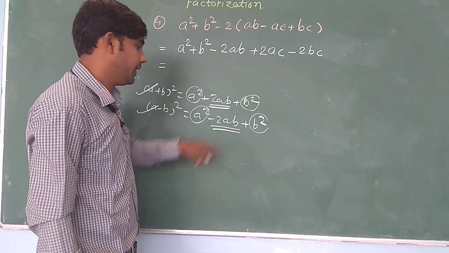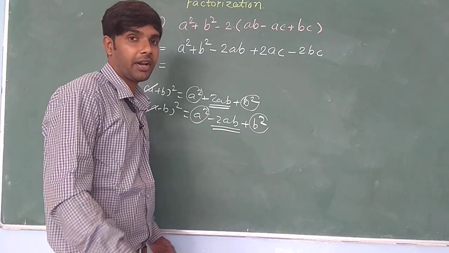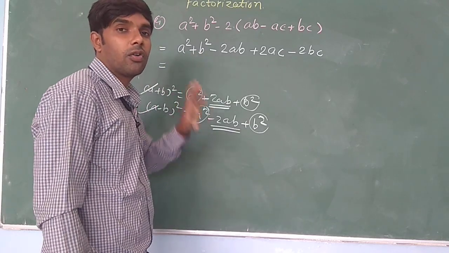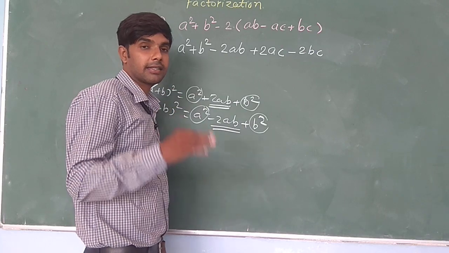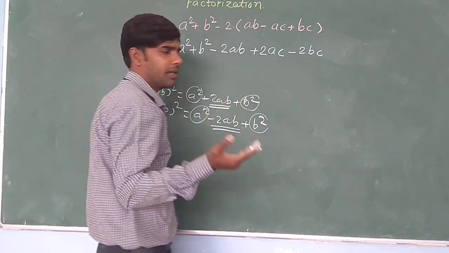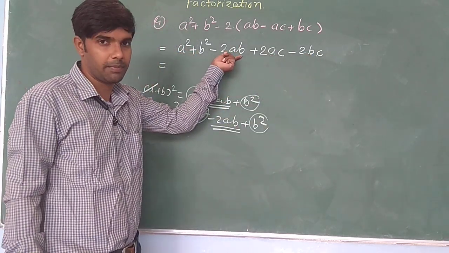Now look for ab. Which expression has ab as the literal, because we have a square and b square, so look for the product of the literals ab. So this is ab. Again we will check the remaining terms also, ac and bc. So we need this minus 2ab.